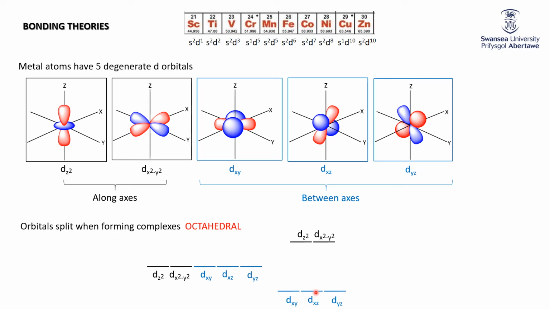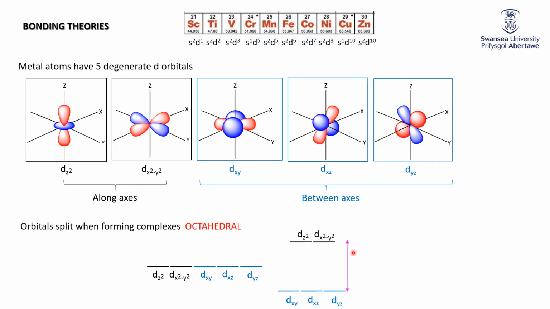The 3 orbitals that are in a lower energy are the ones that are between the axes, so the dxy, the dxz and the dyz, that's these 3. And the ones that go increased in energy are the ones that are along the axes, the dz squared and the dx squared minus y squared. And so there is a splitting between what were degenerate equal energy, 5 equal energy orbitals, to a set of 3 and a set of 2 that now have an energy difference between them.